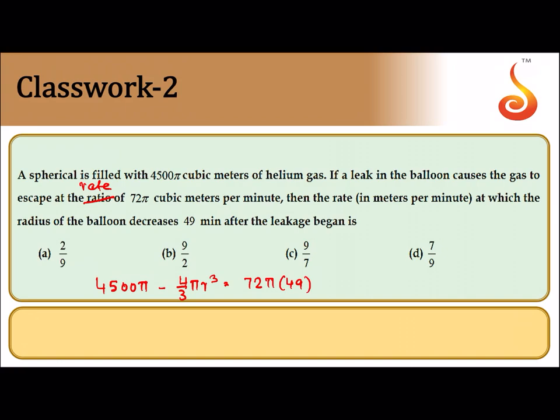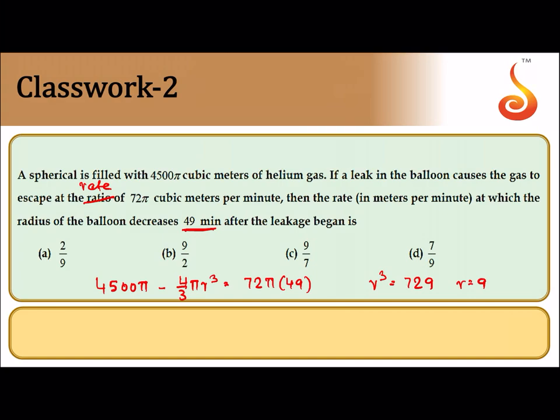So what is happening is 4500 pi minus 4 by 3 pi r cube is equal to what you get, since the gas is already gone, 72 pi into 49 minutes, because 49 minutes of leak.